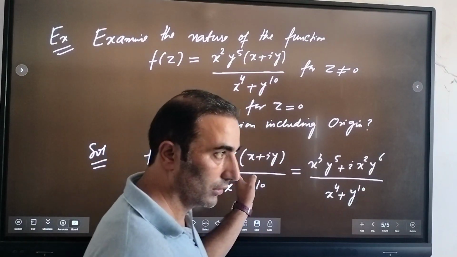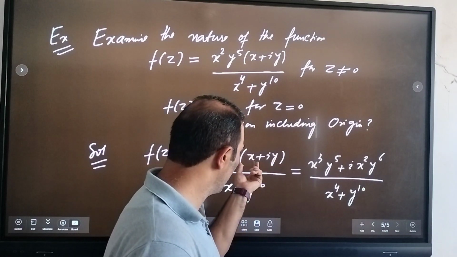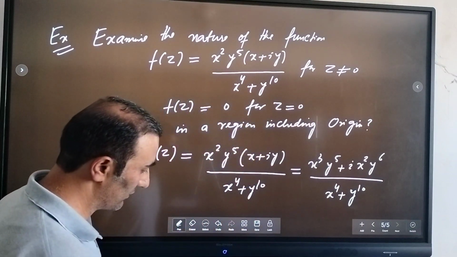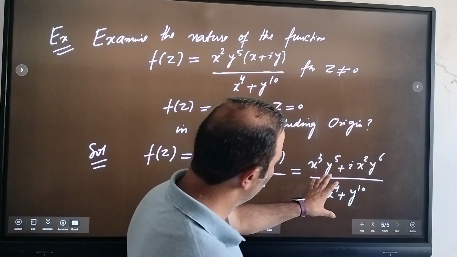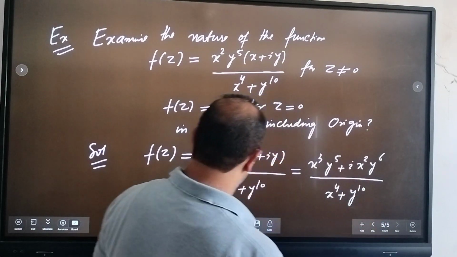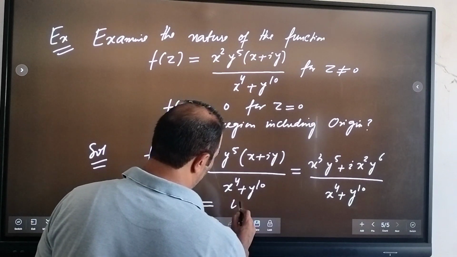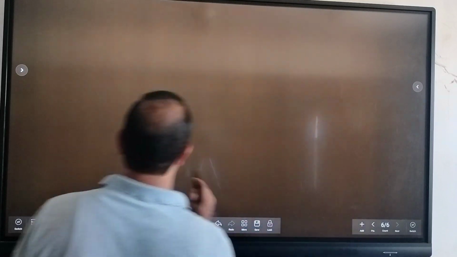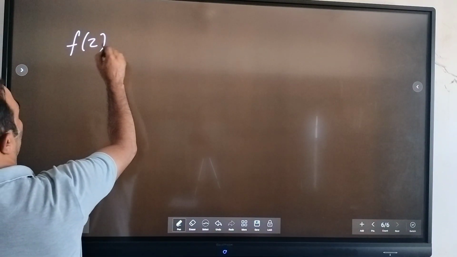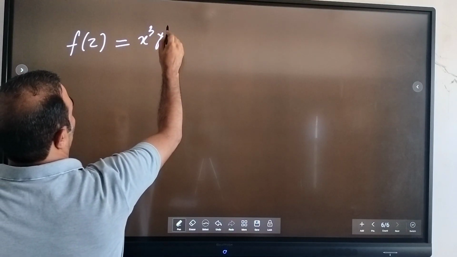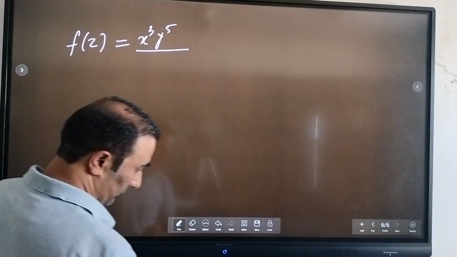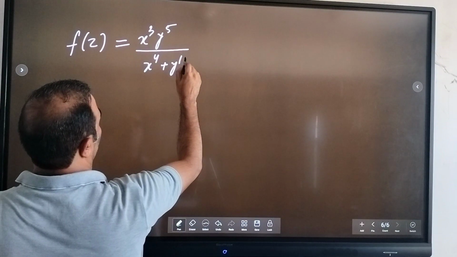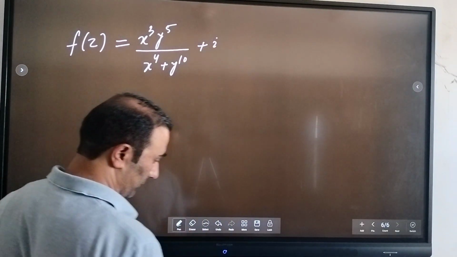Because when you take x square y raised to power 5, you multiply that term to this one, so you can get this. And simply solving this bracket, you can check that this is some u plus iota v form, right? So I can rewrite this as f of z equal to x cube y raised to power 5 upon iota.